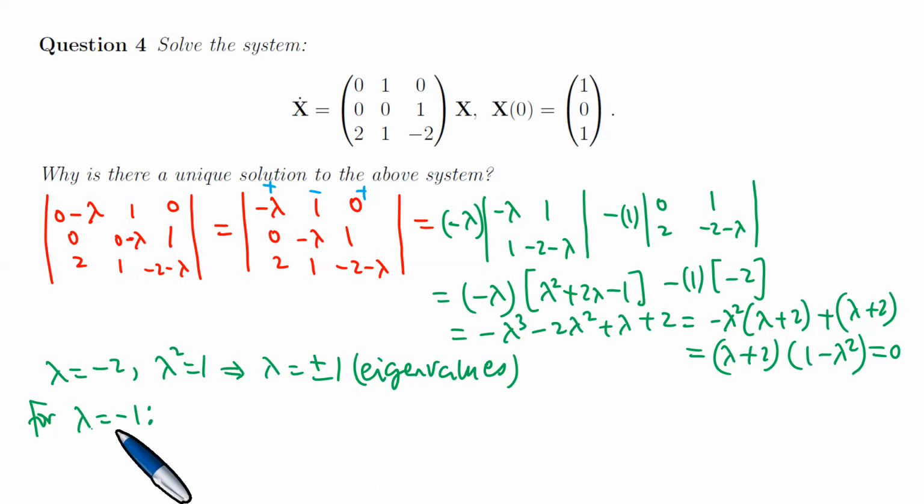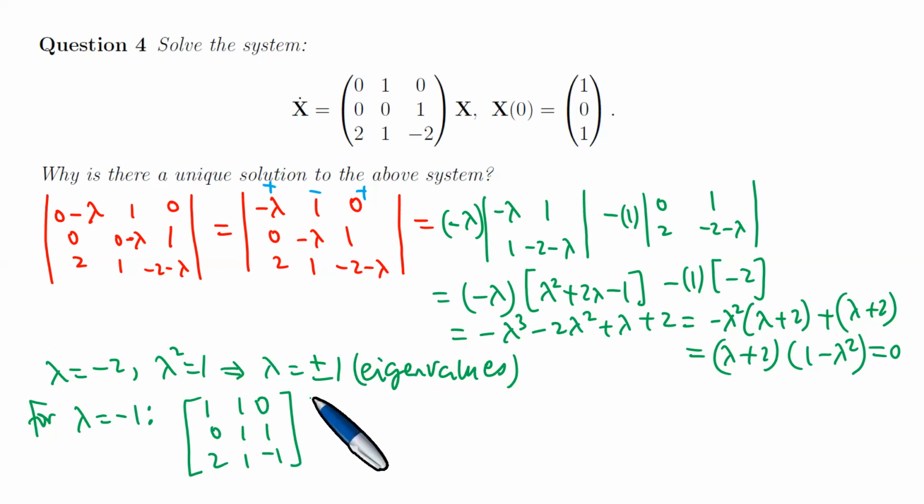Okay, let's get the eigenvectors. So for lambda equals this one, the eigenvectors now, we shall have this one here. It's going to just become 1, 1, 0, 0, 1, 1, 2, 1, -1. And then you do V1, V2.